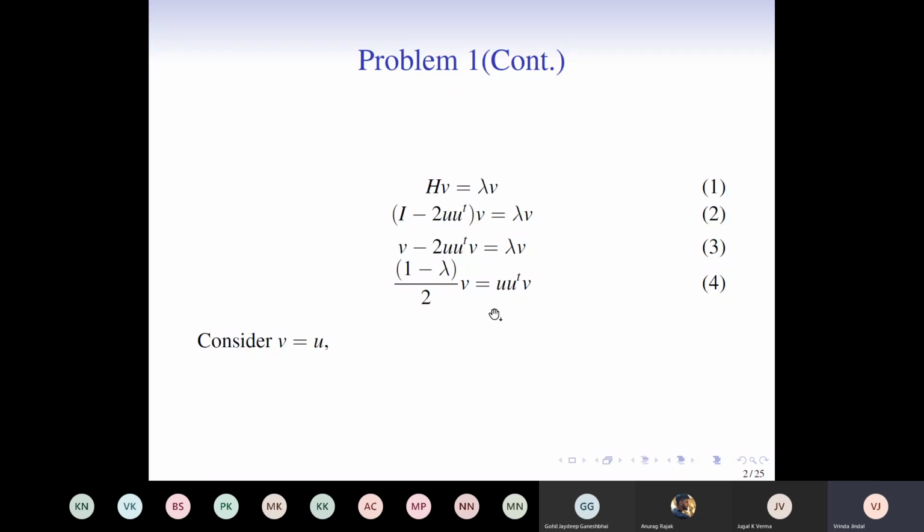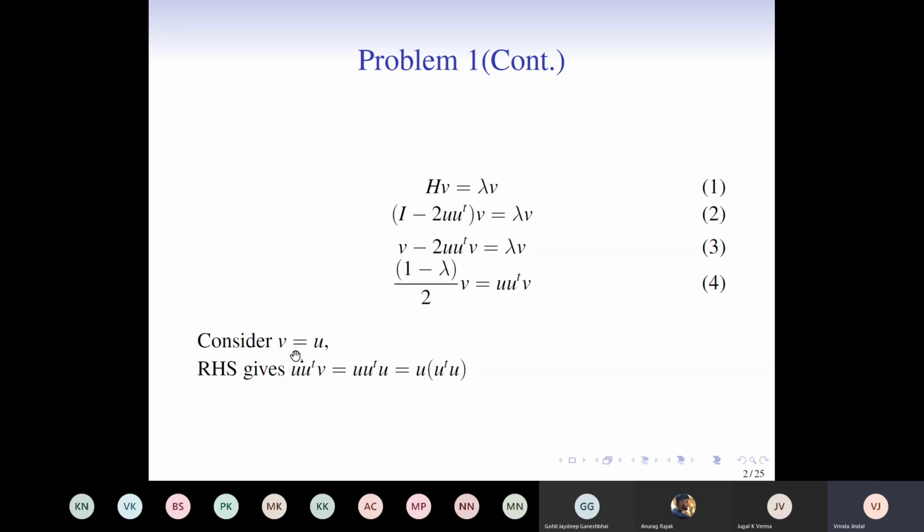So one idea that comes to our mind is that U has been given as a unit vector. So what do we know? We know that U transpose U is 1. U transpose U is basically the dot product of U with itself, so it gives us the square of the length of U, which is again 1. So what we do?